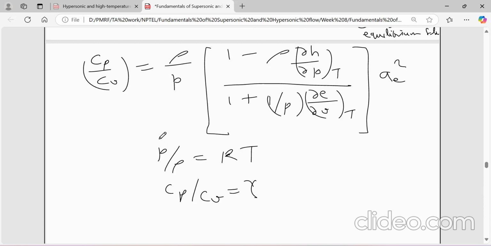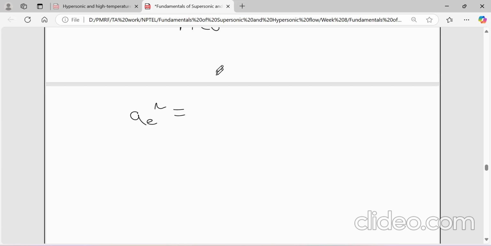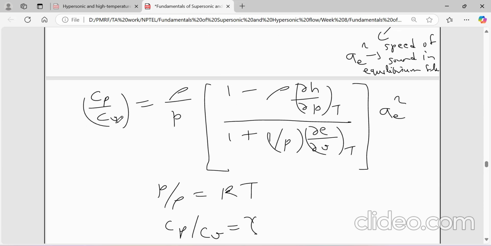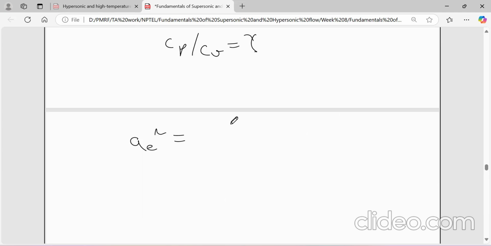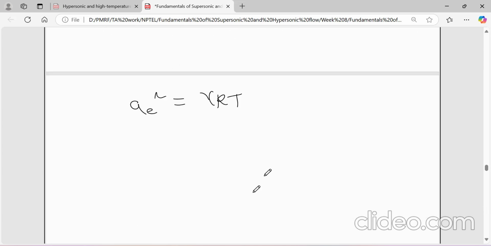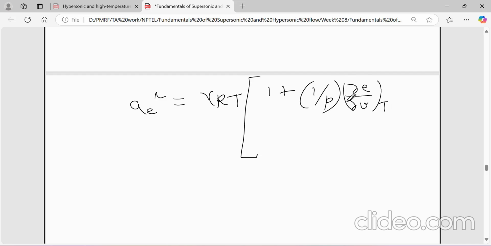If we write these two things, then we will get A square equal to Cp by Cv equal to gamma. This P by rho will go that side, so gamma RT times 1 plus 1 by P dou E upon dou Vt upon 1 minus rho dou H upon dou Pt.